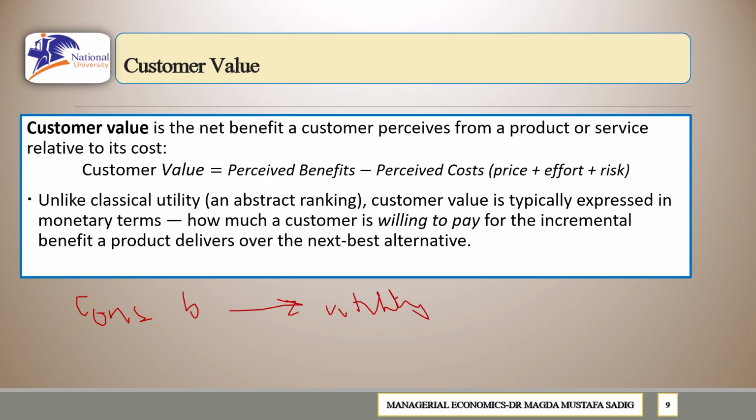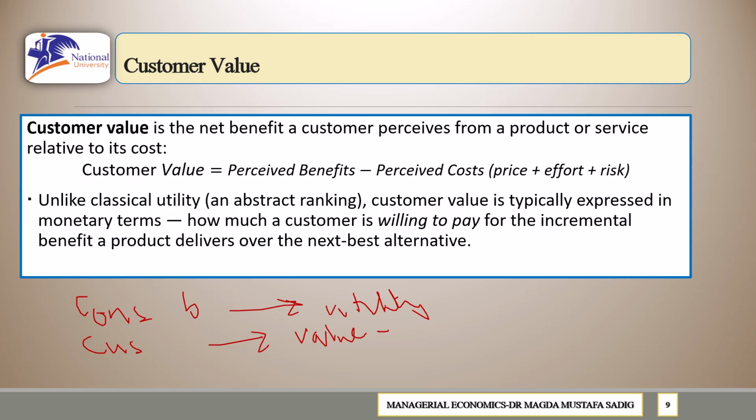If we talk about the customer, we talk about value. Traditional economics focuses on utility. Modern management focuses on value. Customer value equals benefits received minus cost incurred.